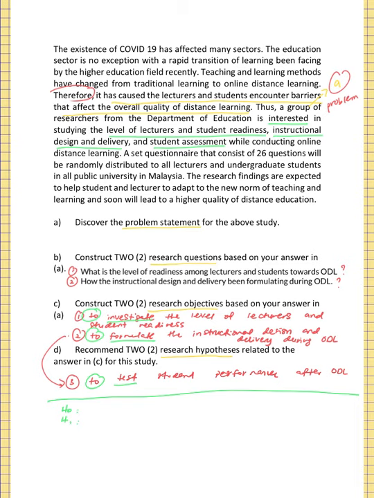So for this case, research hypothesis that we can develop based on the research objective, contohnya saya bagi, there is no significant difference in student performance before and after ODL. Kita tengok objektif yang ketiga tu kan, to test the student performance after the ODL learning. So kita nak tengok ada beza tak the result before we apply online distance learning and after.